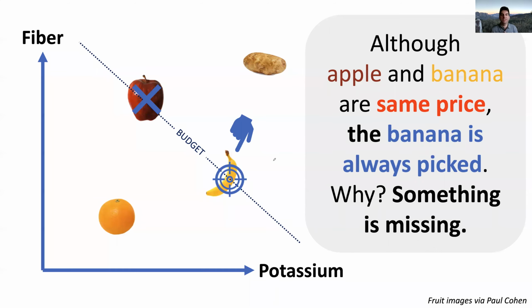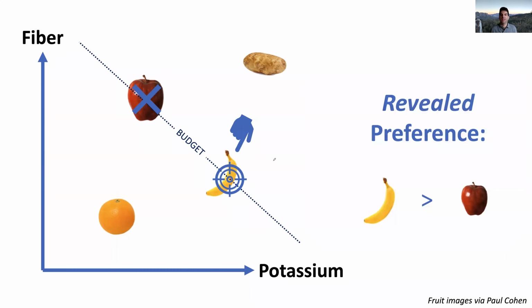And if they really were just substitutable options, then we would expect 50 times them to choose banana and 50 times them to choose an apple. But we might see that they still choose the banana overwhelmingly over the apple, even though they're the same price. So this goes to show that just knowing something's price isn't enough, that people are valuing things based on other factors that we need to model into here.